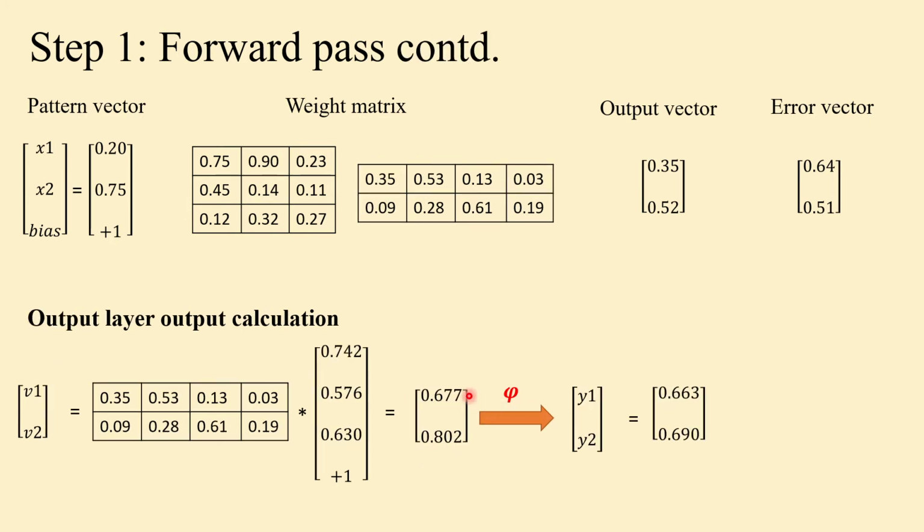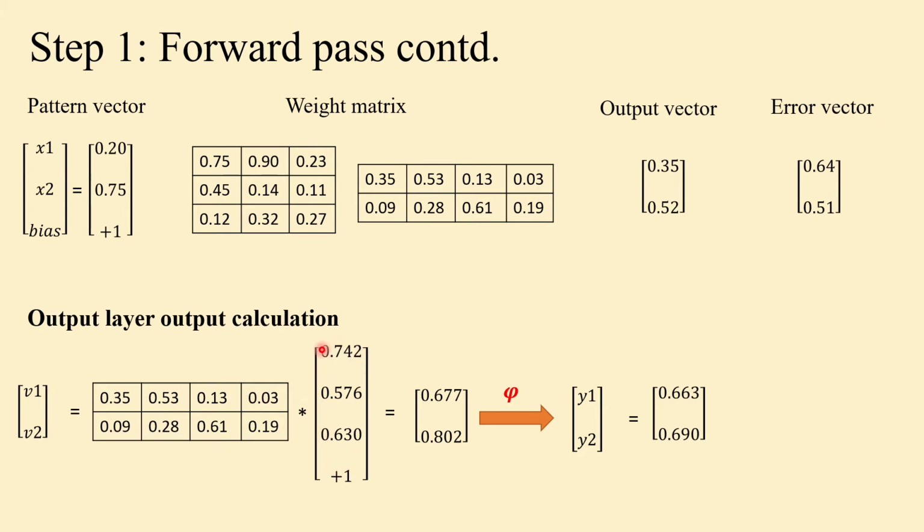Then for the same thing, we will find the output from the output layer. Same thing, v1 v2 will be equal to this one into something like this.